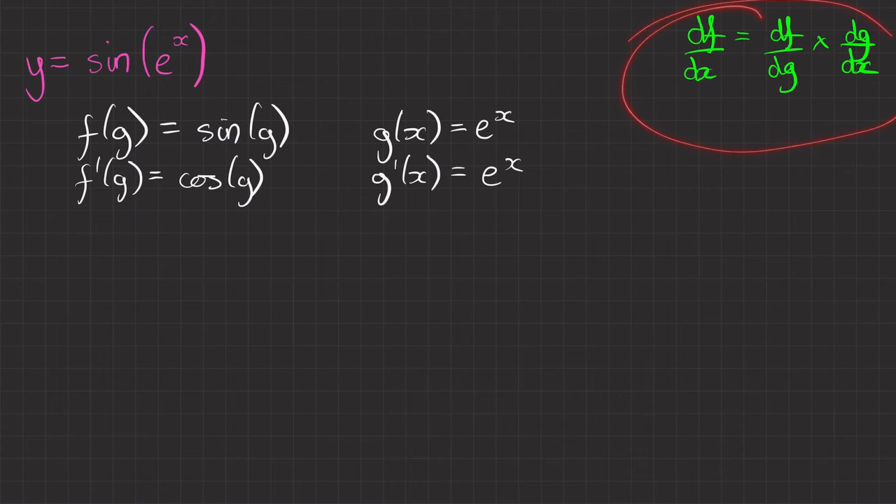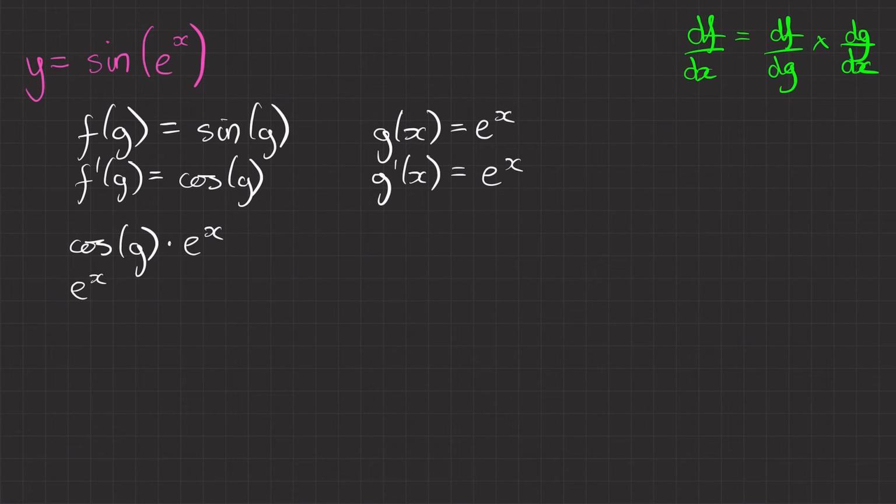Use our chain rule formula now. So df by dg is cos g multiplied by dg by dx, which is g dash x, which is e to the x. So again, I'm going to write it a bit nicer. So e to the x multiplied by cos g, and then substitute back in our g value. So we'll have e to the x, lots of cos of e to the x.